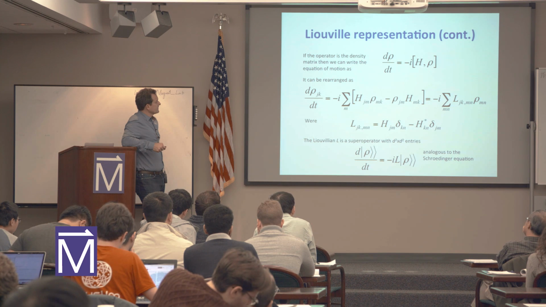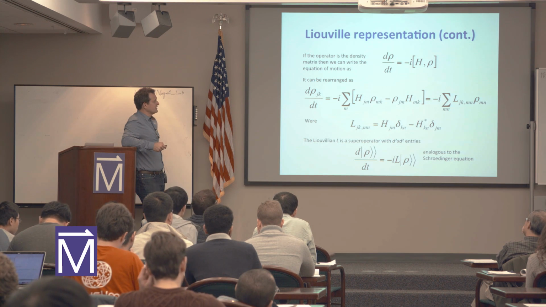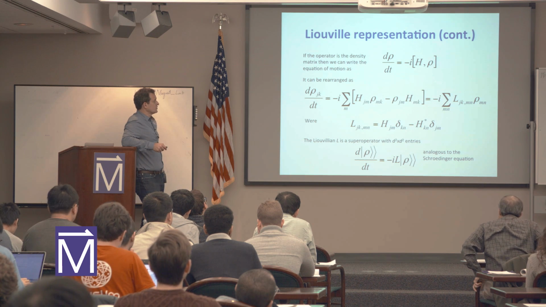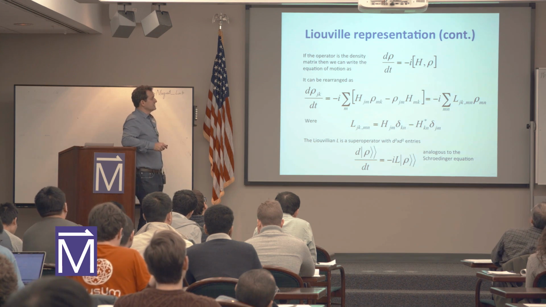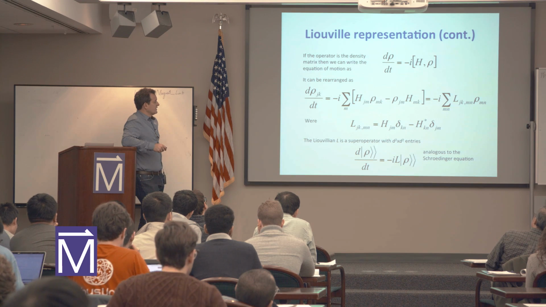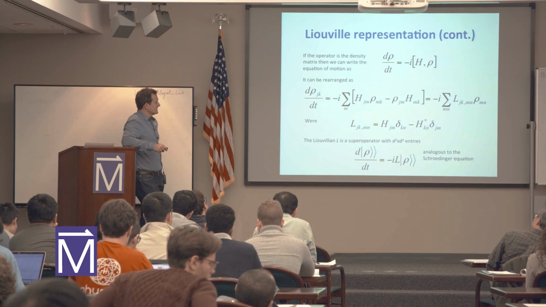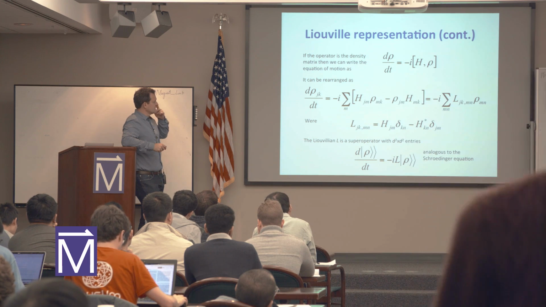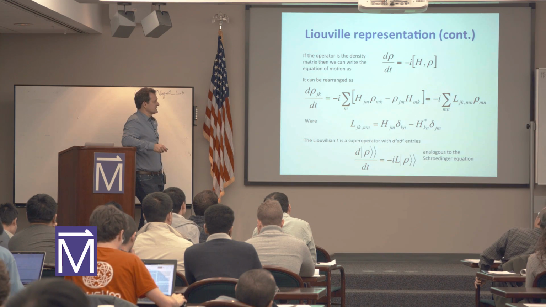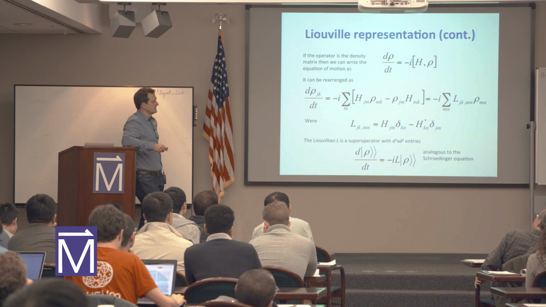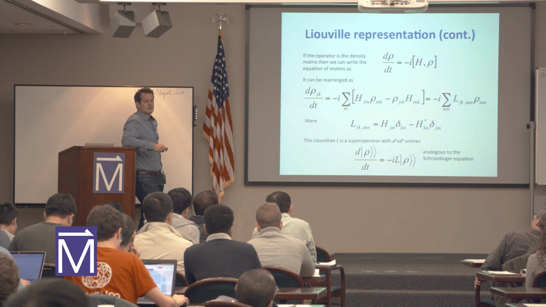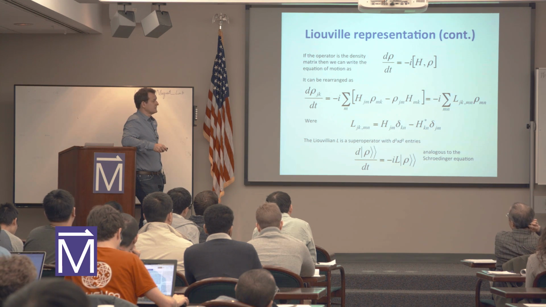If I take, for instance, my operator to be the density matrix, we know that the time evolution of the density matrix is given by this expression. If I do it explicitly, for each matrix coefficient jk, I can write it as a product between what's called a super operator, the Liouvillean, and the density matrix.